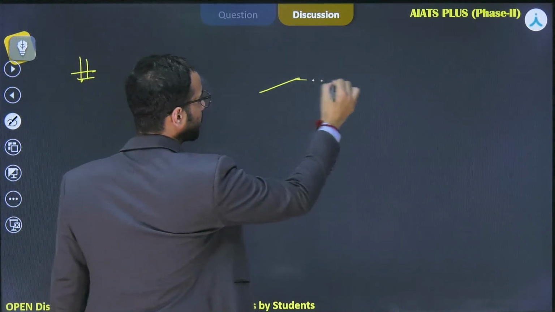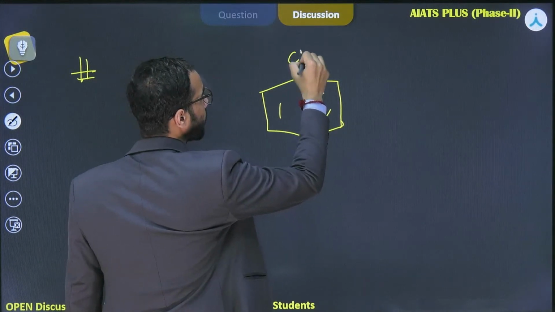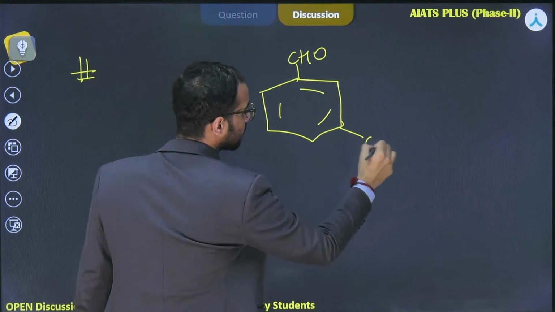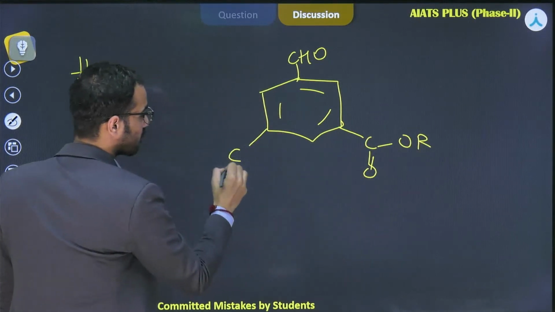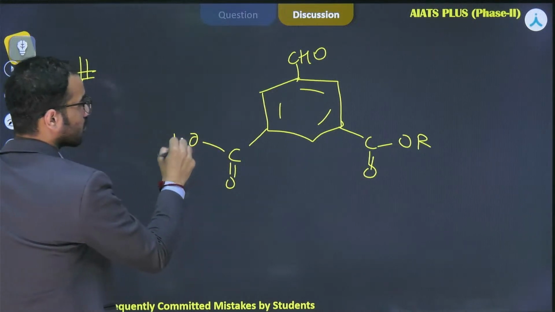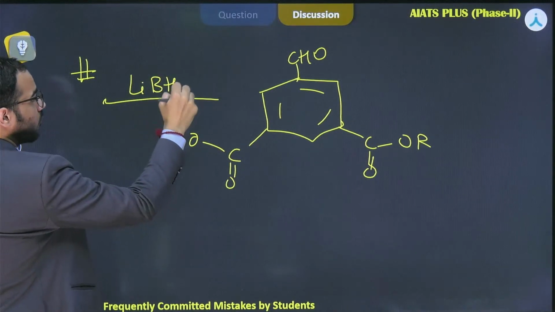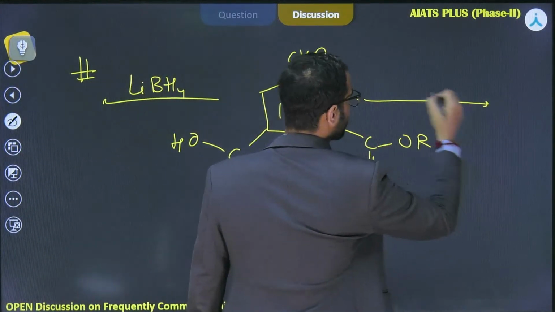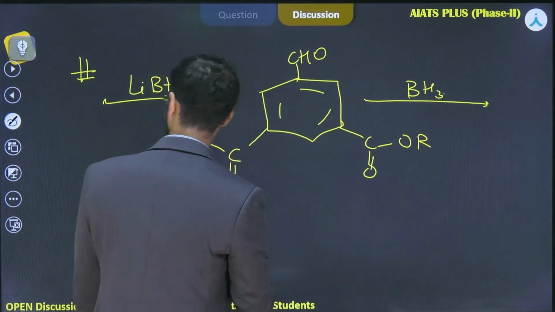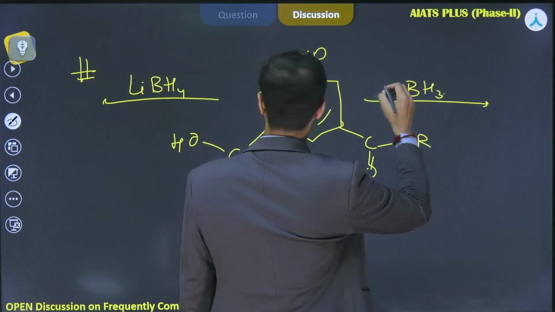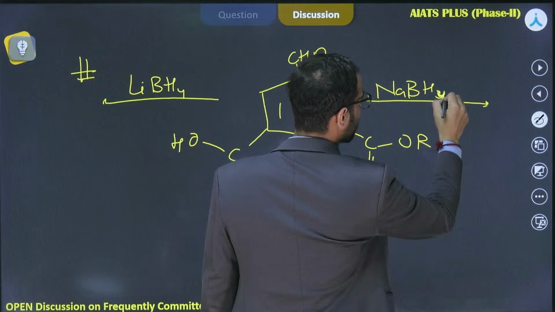Let us say you are having this, you are reacting with LiBH4, and you are reacting with BH3, or let us replace it by NaBH4.